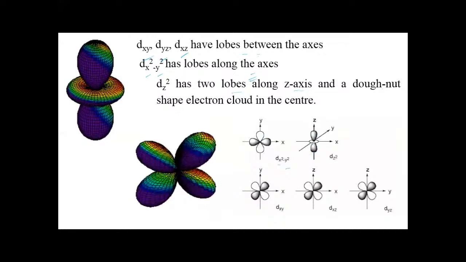In dxy, the lobes are between the x-axis and y-axis. In dxz, the lobes are present between the z and x-axis, whereas in dyz, the lobes are between the z-axis and y-axis.